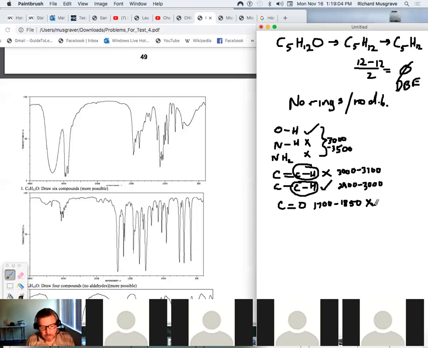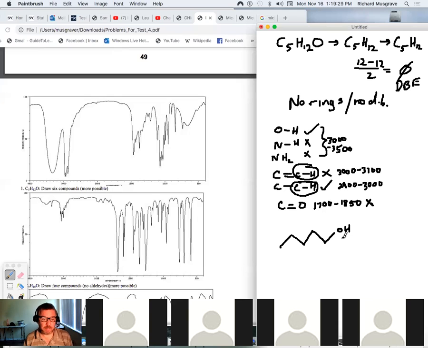All right, I'm going to go ahead and just do it. I have to come up with something that obeys all the data I have here. No double bond equivalence, C5H12O, has to have an OH, no rings, no double bonds. So immediately, this can be what I might draw.